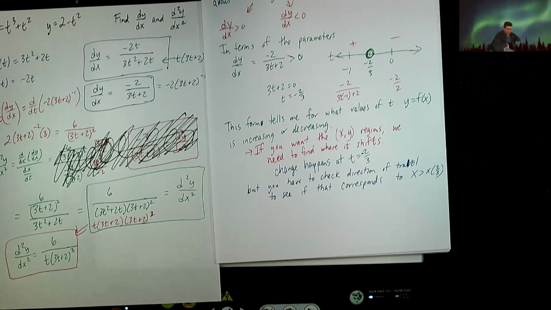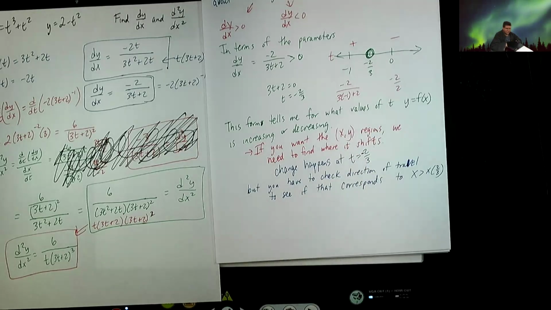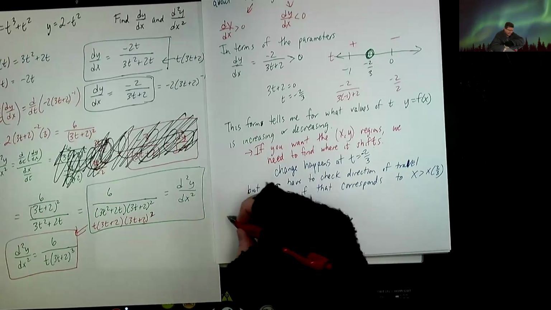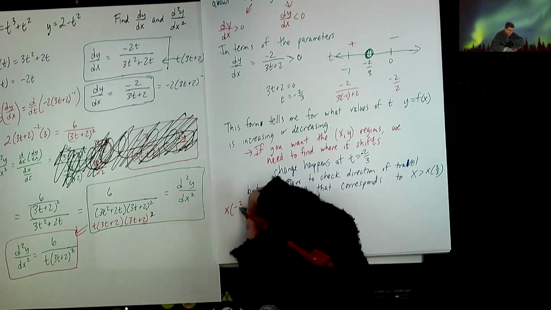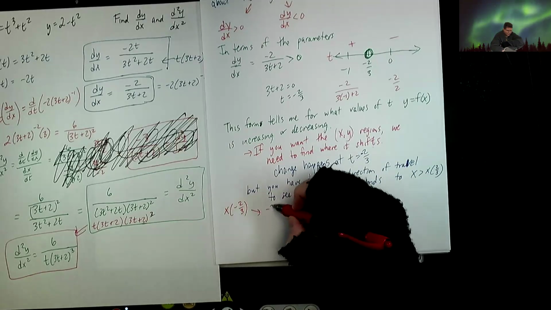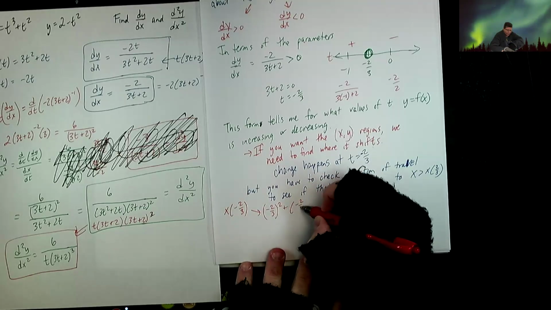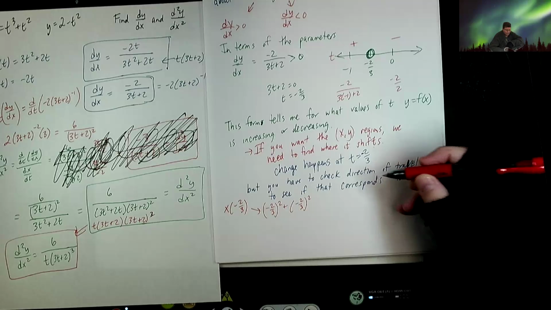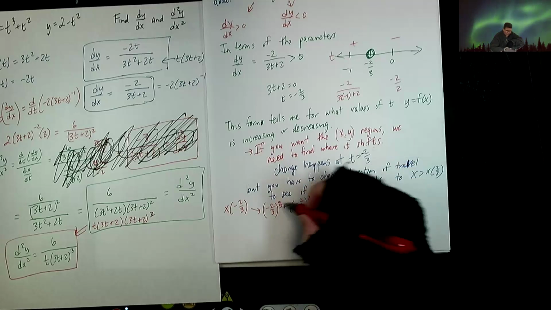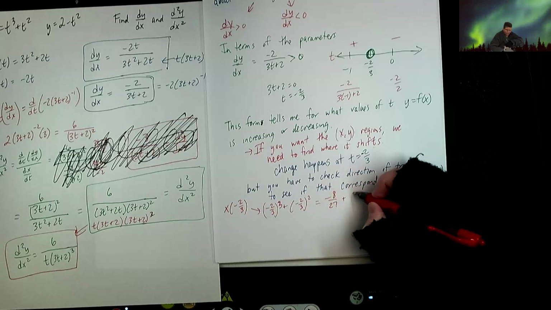So one way to check it real quick is, I'll just do the zero version. Let's do the negative 2/3 and the 0. So when t is negative 2/3, we have negative 2/3 cubed plus negative 2/3 squared. Negative 8/27 plus 4/9.